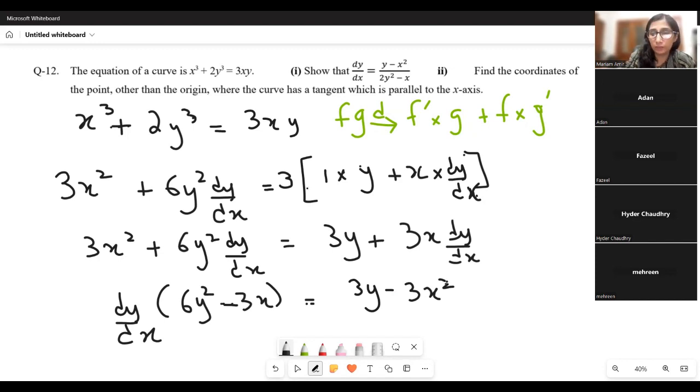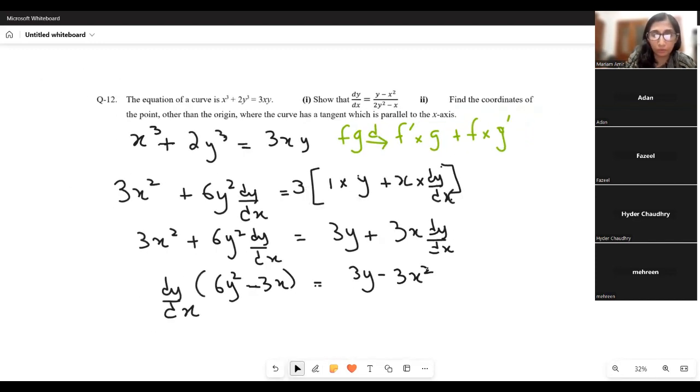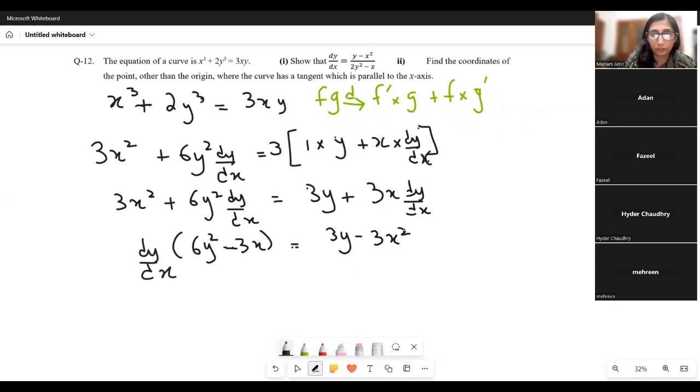Now to make dy over dx the subject, I'm going to move the bracket to the other side. Dy over dx is going to take 3 common as well. So y squared minus x squared, and take 3 common in the denominator as well. Sorry, it's not y squared, it's just y. And we have 2y squared minus x.